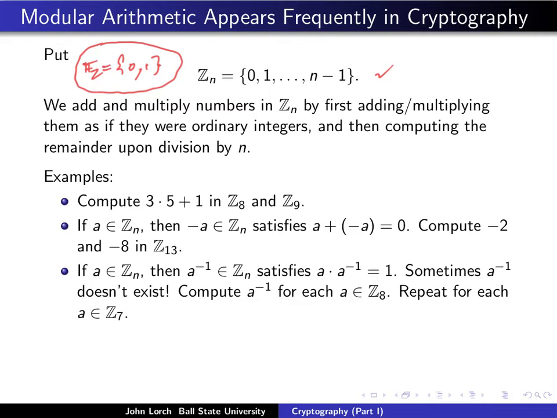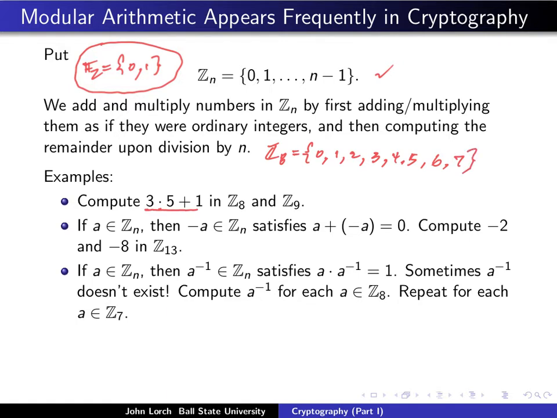Okay, so we have a few examples here to get us familiar with the idea of these finite arithmetics. The very first thing we want to do is compute some things. We're going to compute 3 times 5 plus 1 in Z8 and in Z9. So what is Z8, for instance? Well, according to our definition, it's just these symbols 0, 1, 2, 3, 4, 5, 6, and 7.